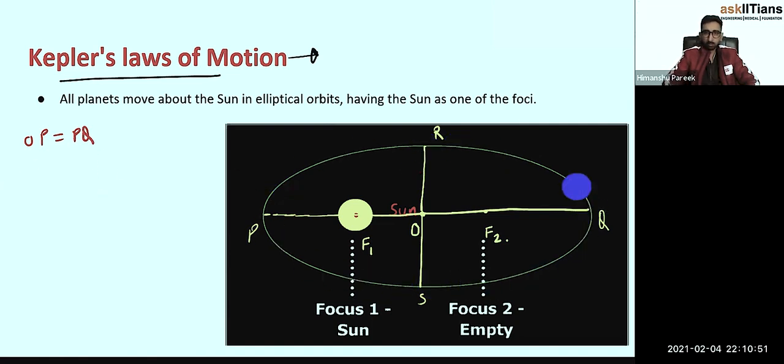Also, this length and this length would be the same, so O is like a midpoint. So OR will be equal to OS.